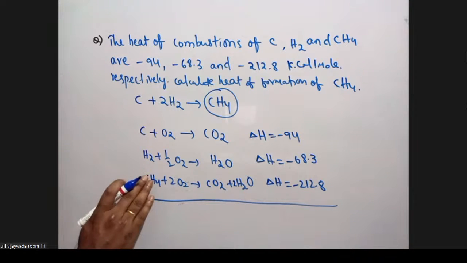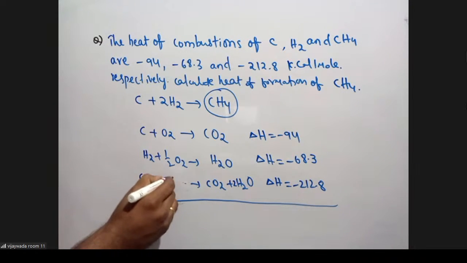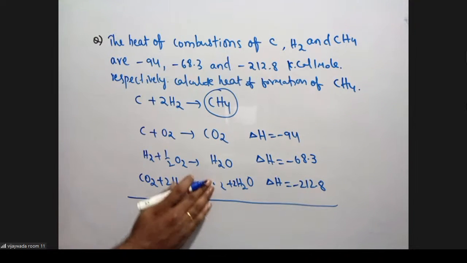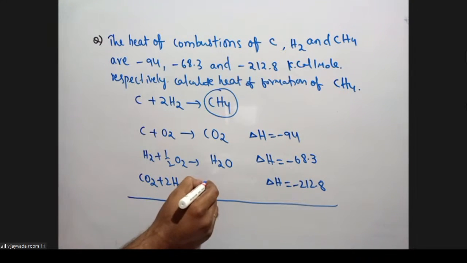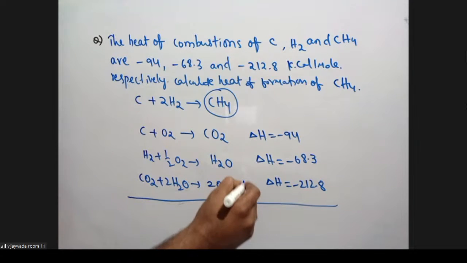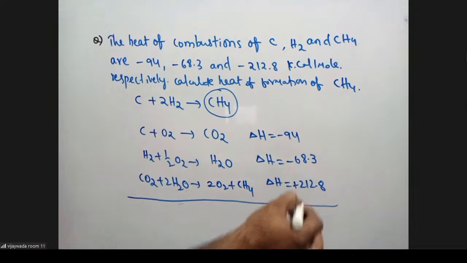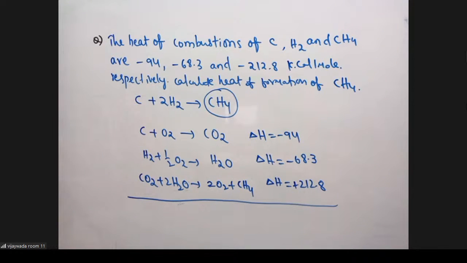Convert this equation: CO2 plus 2H2O plus 2O2 gives CH4. If you reverse the equation, this delta H will be positive. If it is already positive, it will be negative.